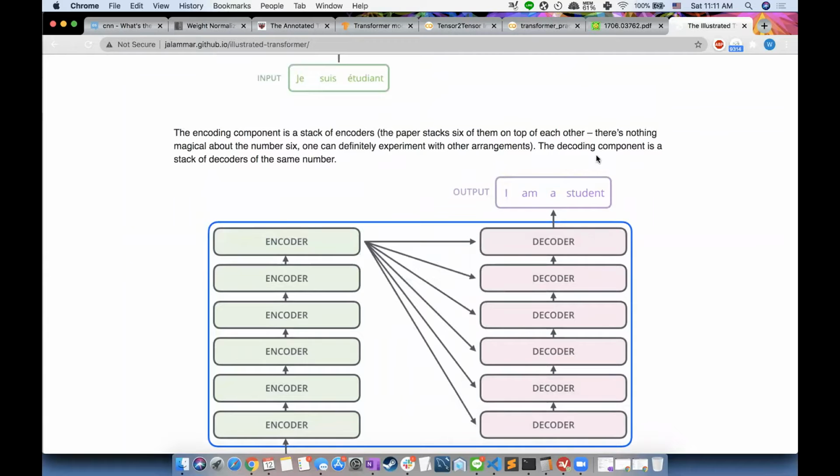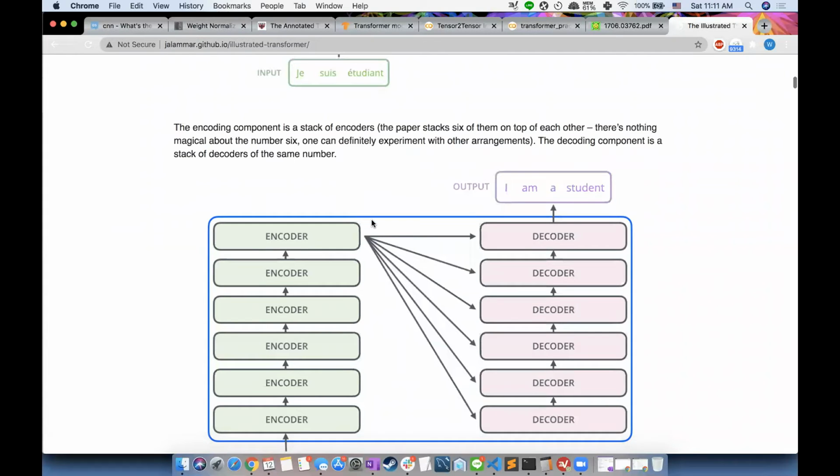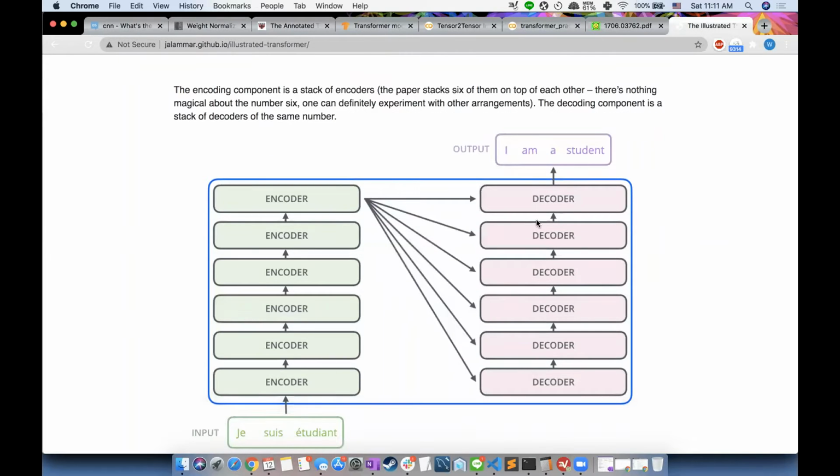There's nothing magical about the number 6. One can definitely experiment with other arrangements. The decoding component is a stack of decoders with the same number. So we got 6 encoders stacked against each other, and we got 6 decoders stacked against each other.